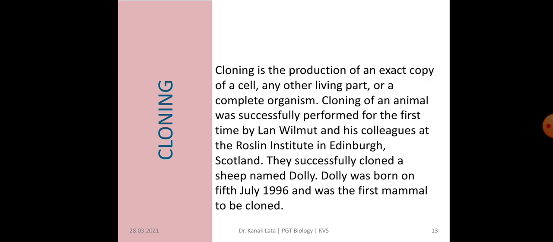First of all, cloning of an animal was successfully done by Wilmut and his colleagues at the Roslin Institute in Edinburgh, Scotland. They successfully cloned a sheep, and they called the sheep Dolly. Dolly was born on 5th July 1996, and it was the first mammal to be cloned.